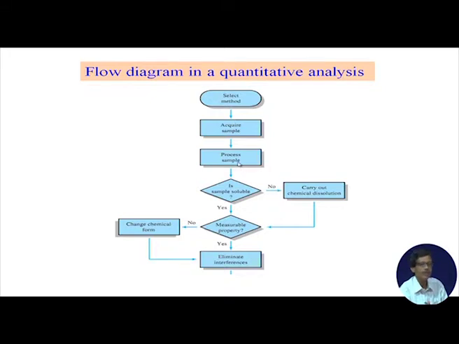In one of our previous classes, we talked about the case where you have a steel sample and nickel is present, and suppose you have some idea that nickel we can estimate from our school days knowledge by a gravimetric technique. A gravimetric method can be utilized for analyzing the nickel sample by the nickel DMG method.